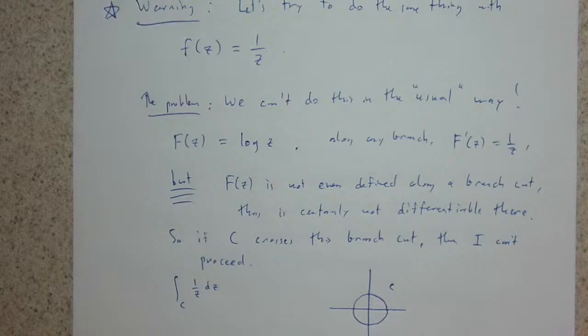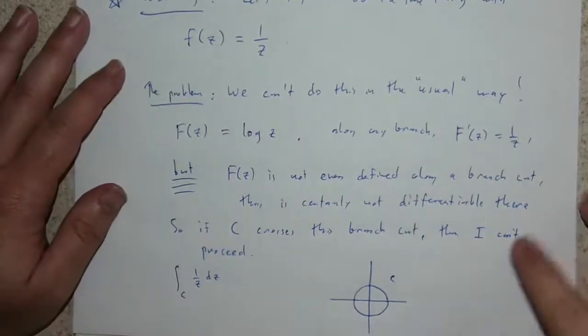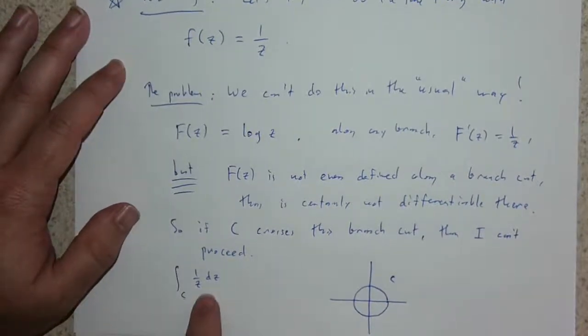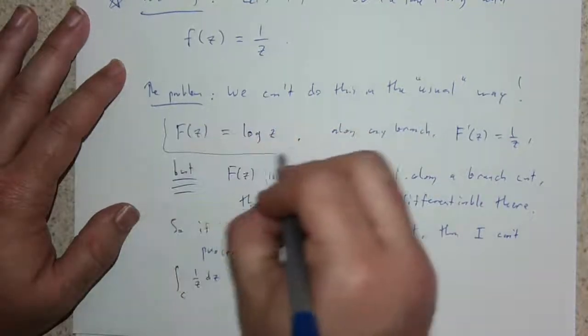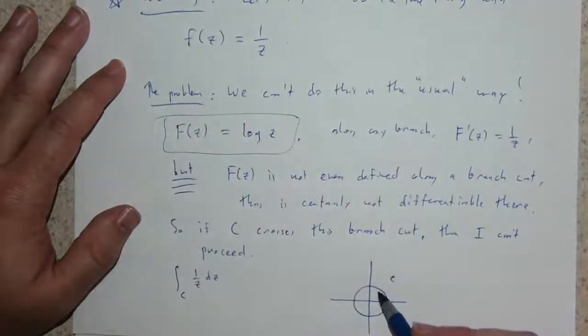Well, you might say, wait, you've already computed this thing, and I have in another way. But now I want to see how that meshes with what I've done here. So how can I compute this contour integral? The problem is that this antiderivative is going to be undefined along some branch cut.